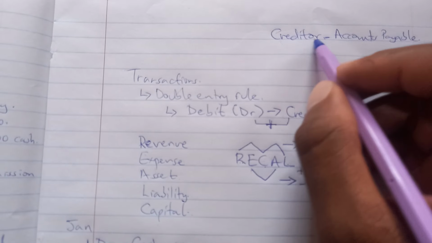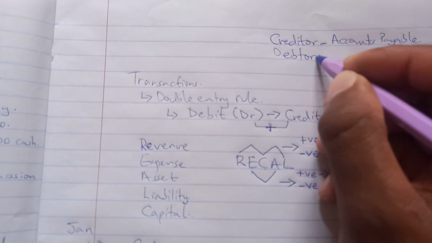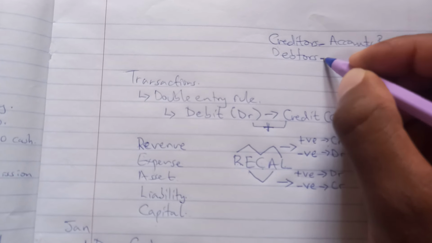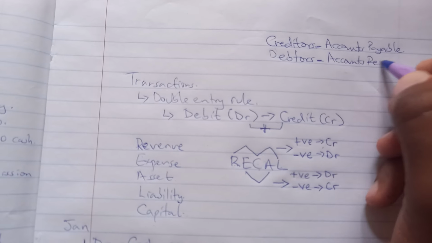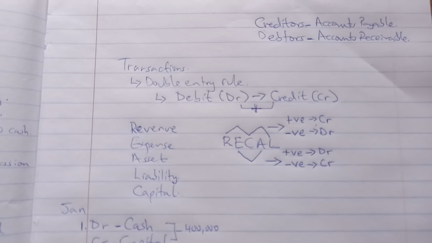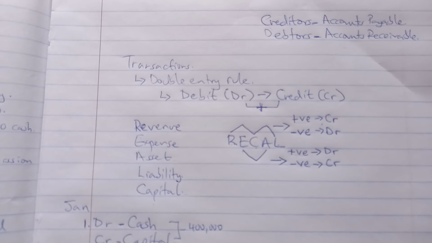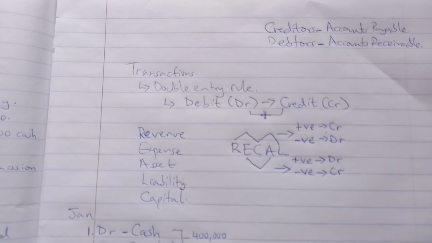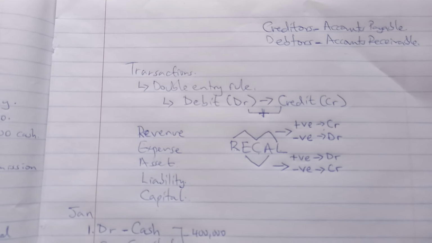And if we have creditors, I know that we will also have debtors. The other name for debtors is accounts receivable. So who are debtors? Debtors are those parties whom we will serve for free, but they will pay us later on.